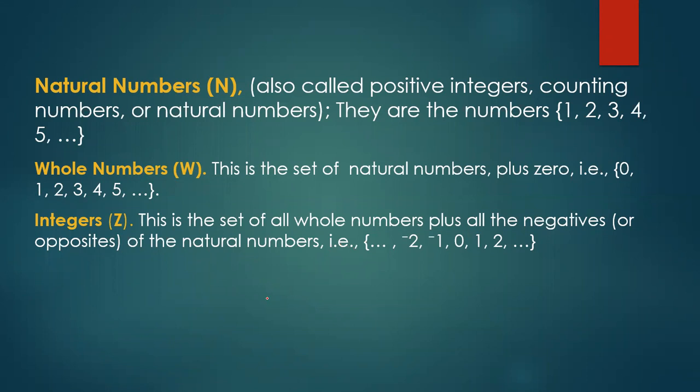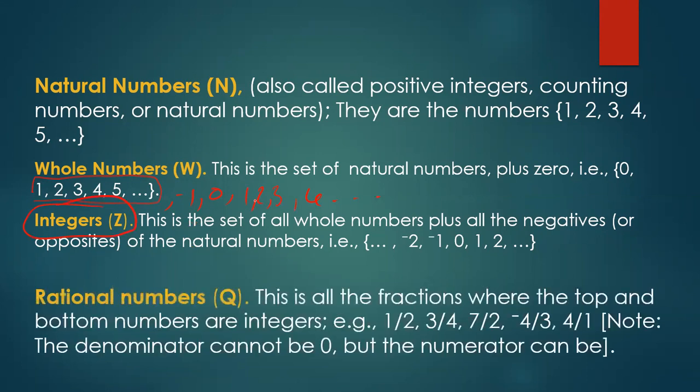This is the simplest definition. Remember I said whole numbers are counting numbers starting from 0: 1, 2, 3, 4, going up. So if we add negative numbers to these whole numbers, we form a set that is known as the set of integers.